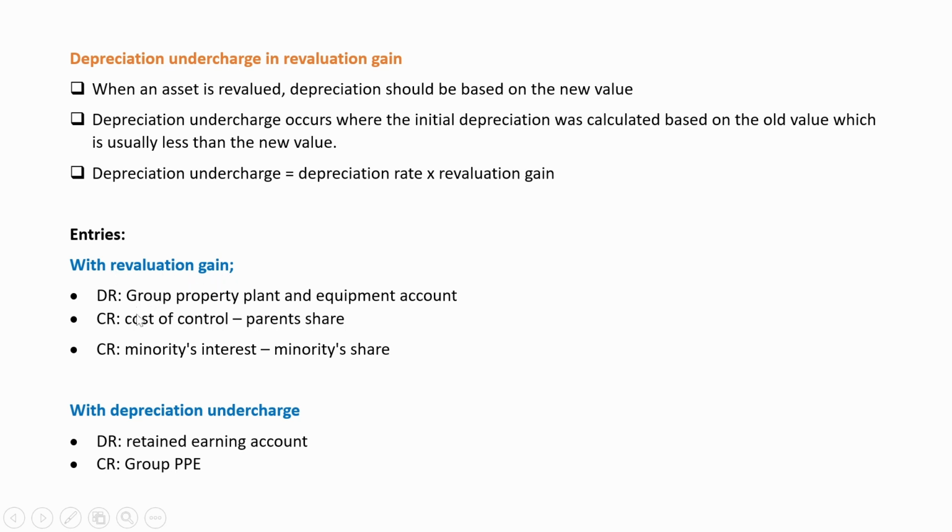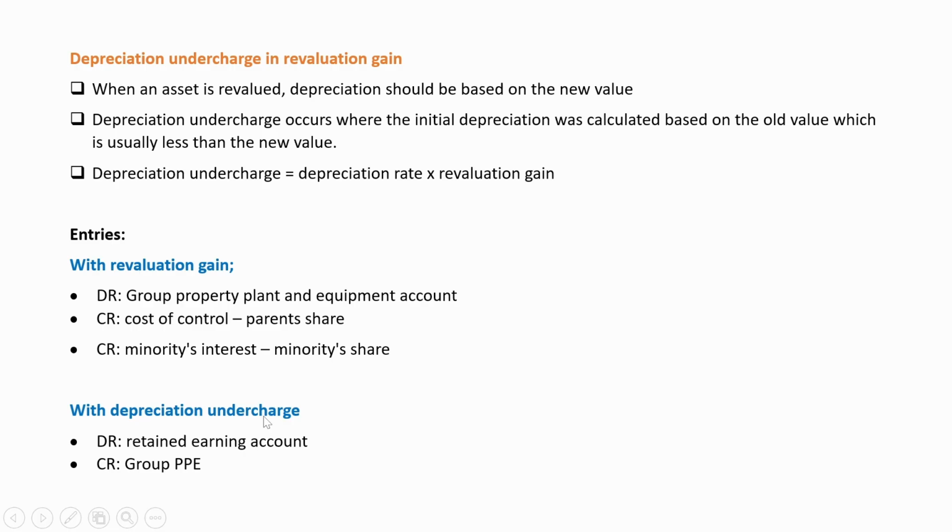During the consolidation, take the whole amount of gain, debit group property, plant and equipment account, credit cost of control, parent share, credit minorities interest, minorities share. So we are not going to create a revaluation reserve in this case, because these are the entries we are going to make.